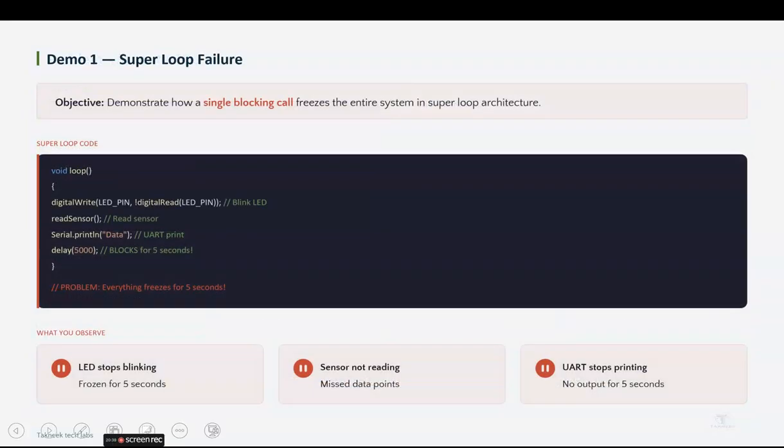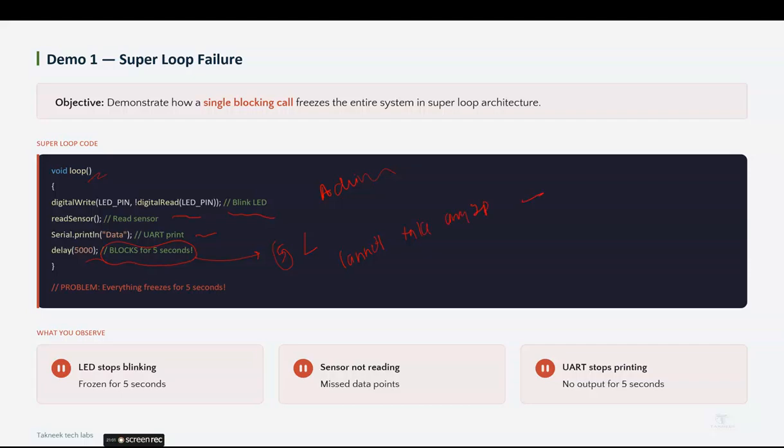So this is one, I think, Arduino based demo that you can see. In the while loop, you blink an LED, read a sensor, print over UART, and then block for 5 seconds. In these 5 seconds, the controller cannot take any input.